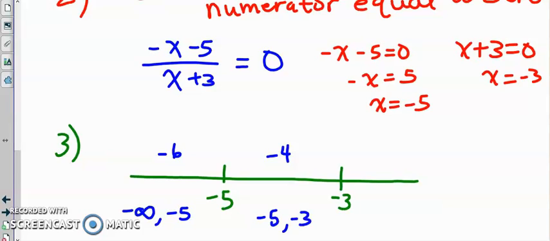And then from -3 to +infinity, and again, we're using parentheses right now. We'll come back and use brackets in a few minutes. We're going to use 0. We'll try 0.